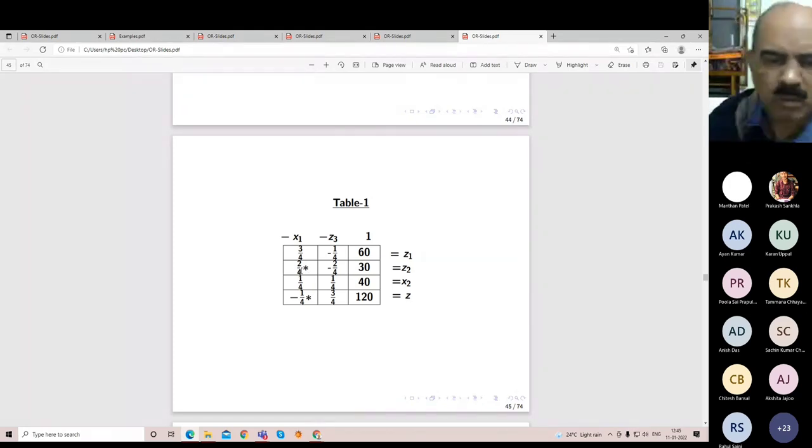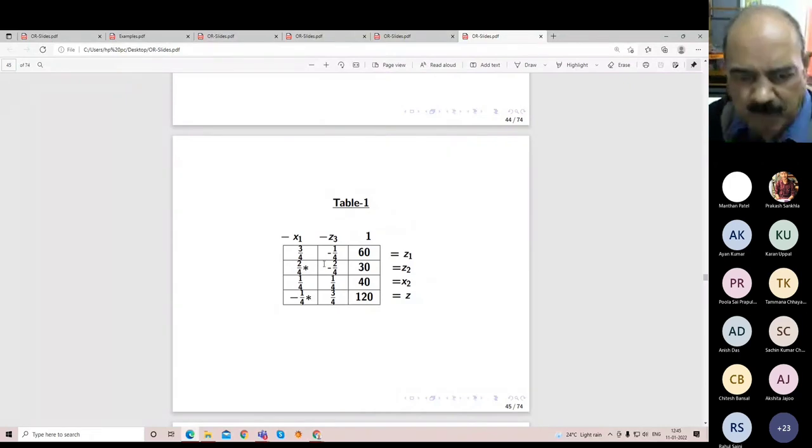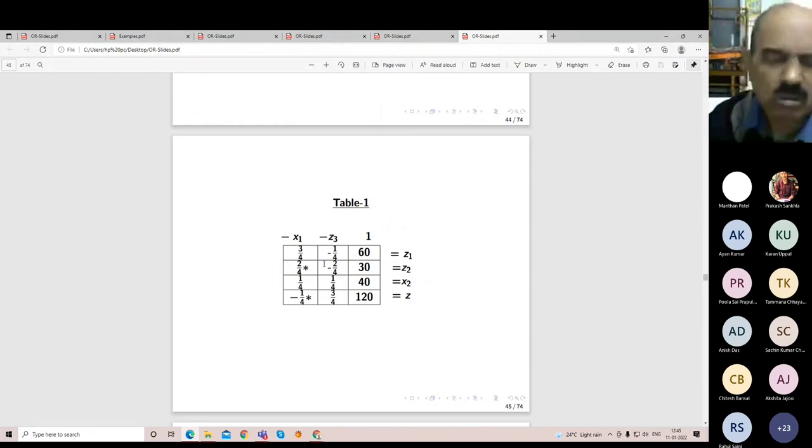So we want to formulate a new table. First one is table 0. Now it is table 1. Next is table 2. So first, what is the work? We will relabel, in the first column and in the second row.